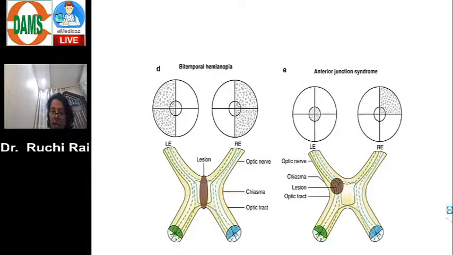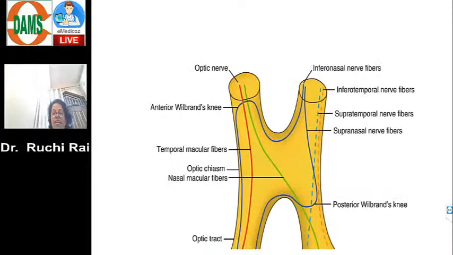Now here, as you can see so nicely described, the lesion is at the junction of the nerve and the chiasma. What is this causing? It is affecting the optic nerve of one side, in this case the left eye, and for the right eye, it is affecting the inferonasal fibers.